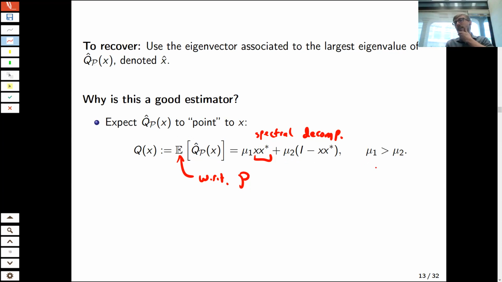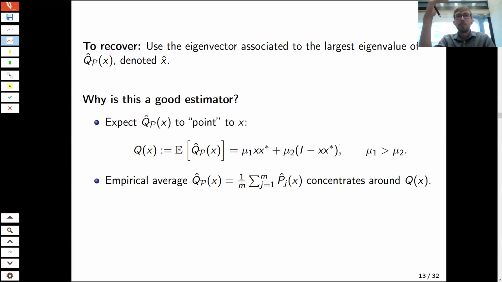Moreover, mu1 is strictly bigger than mu2, and there's a spectral gap that we can concretely bound between these. So on average, we could distinguish where x x star is from every other dimension in space.